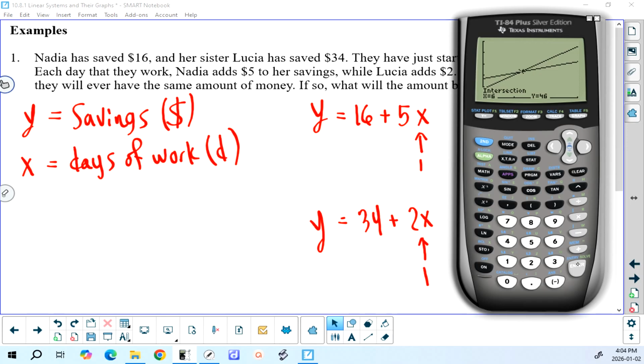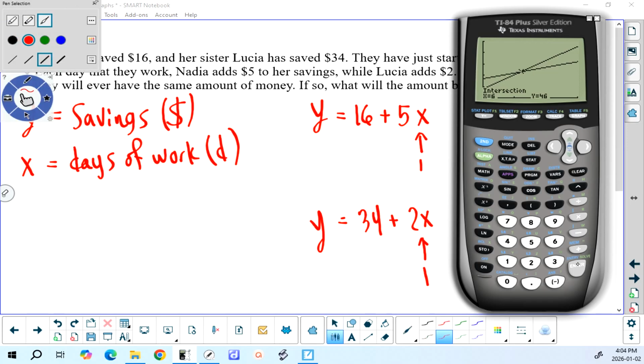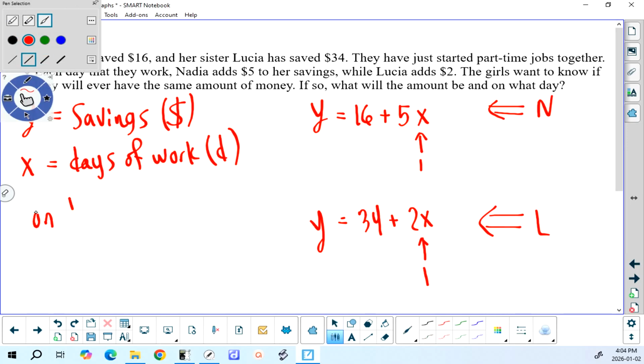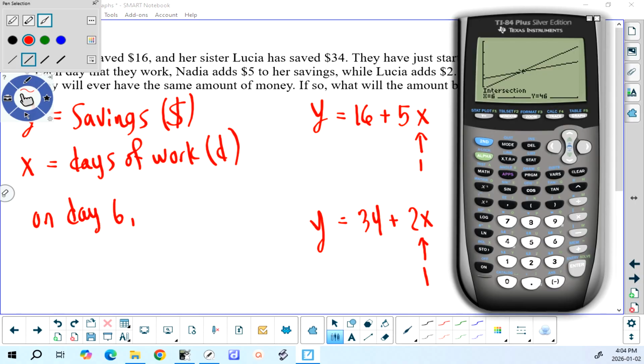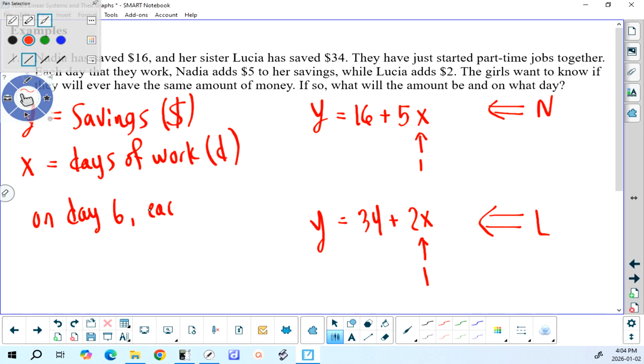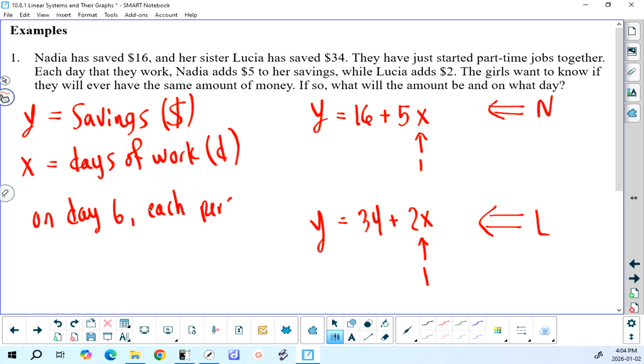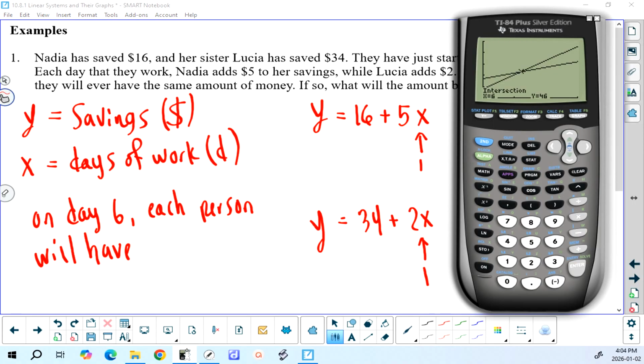So the solution to this problem is, yes, on day 6, was it 6? Each person will have $46.